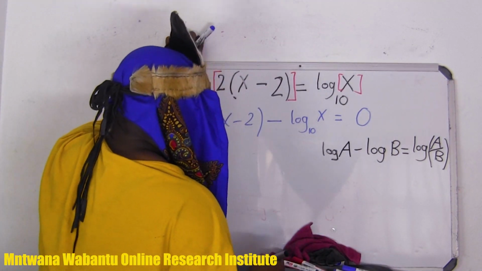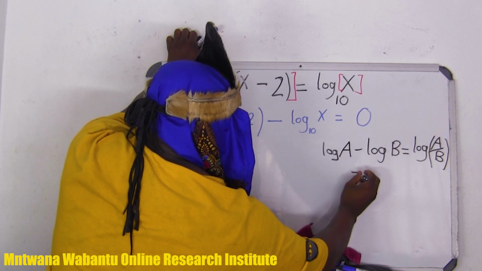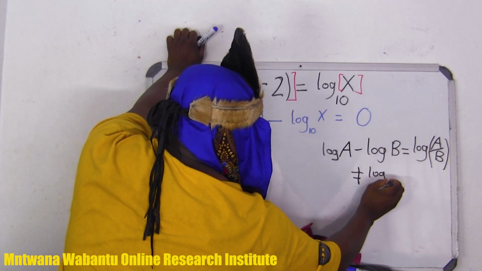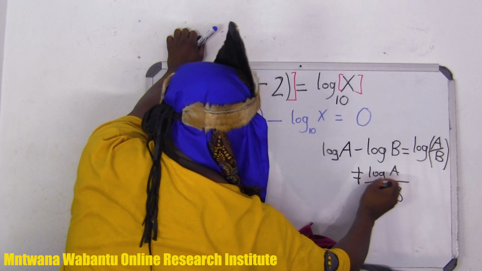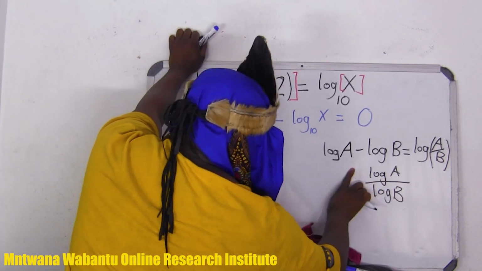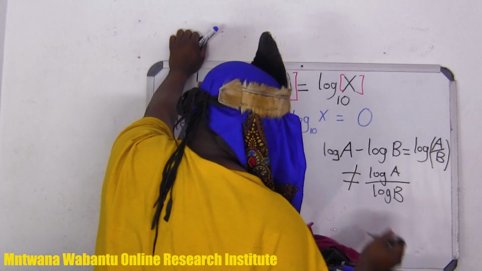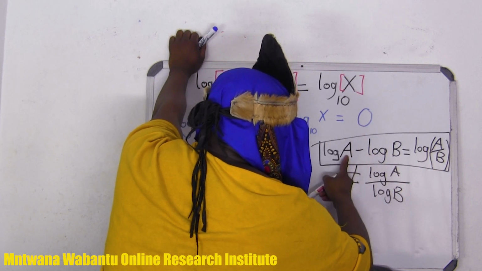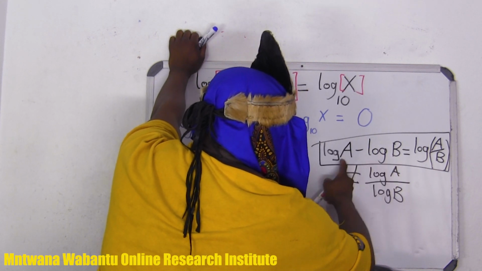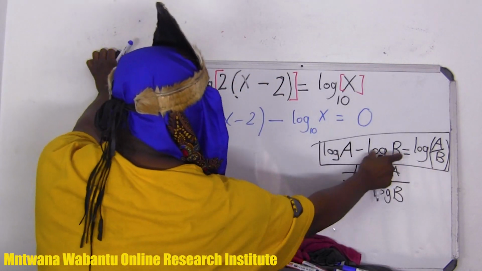So this is not equal to log of a over log of b. Two different things. Is not equal. But this is equal to that. It means you only divide the a over b, whatever you have in front of the log. But you don't take log a over log b, no.